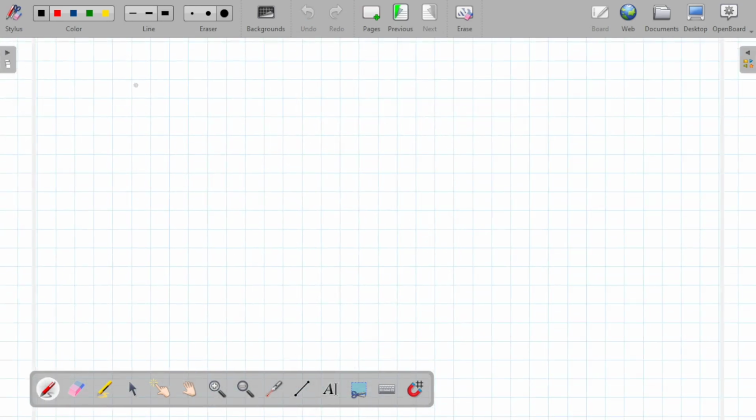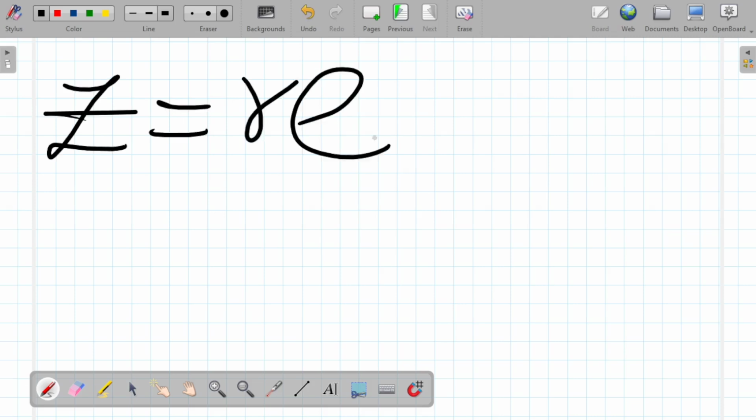All right, so let's convert from rectangular form to Euler's or exponential form. The formula for exponential form is z = r e^(iθ).